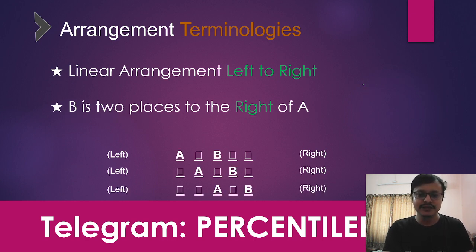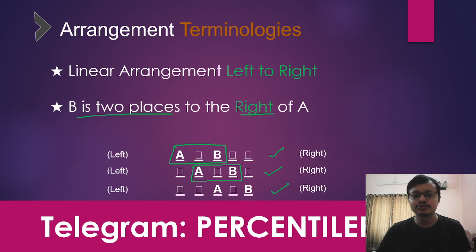So what are the possibilities? One possibility is this. The other possibility is this. The third possibility is this. But if you notice, in each case, you have an A dash B sequence. So that is important because B is 2 places to the right.